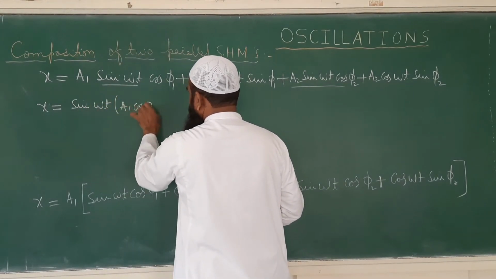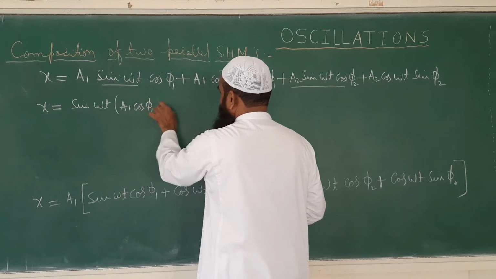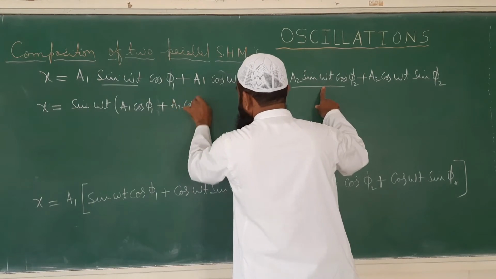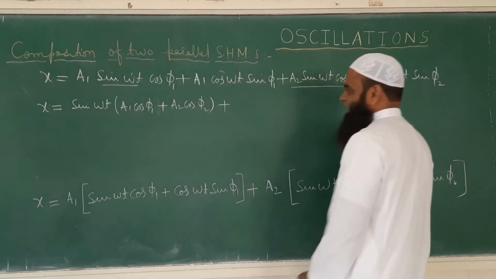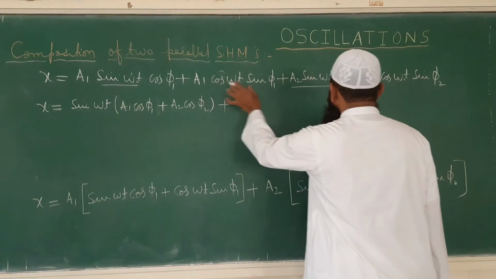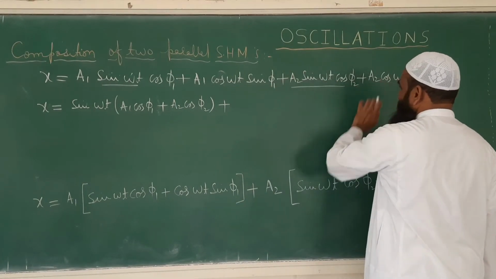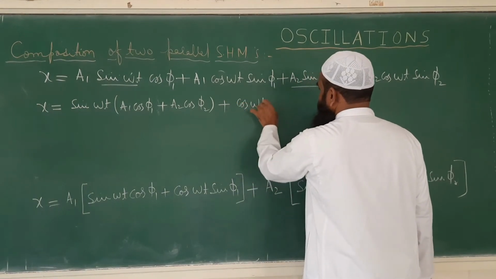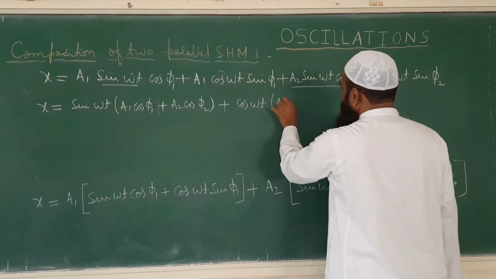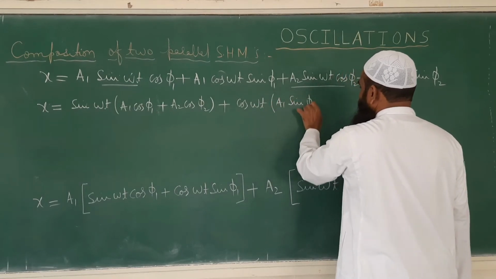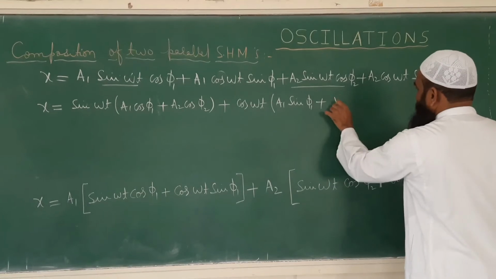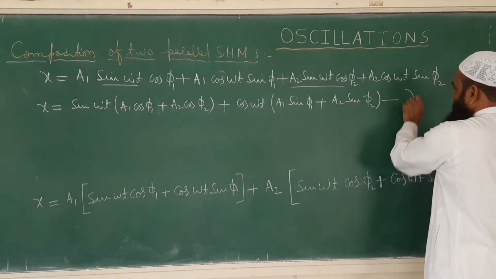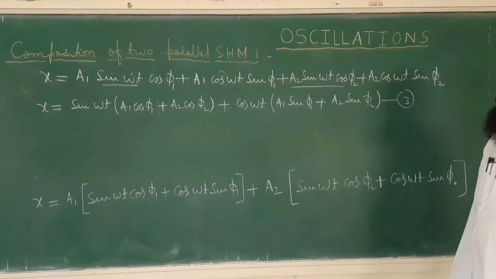A1 cos phi 1 plus, from this term, A2 cos phi 2. Similarly, we can take cos omega t also common from these two terms. So, cos omega t, and here A1 sin phi 1 will remain plus A2 sin phi 2. Let this be equation number 3.